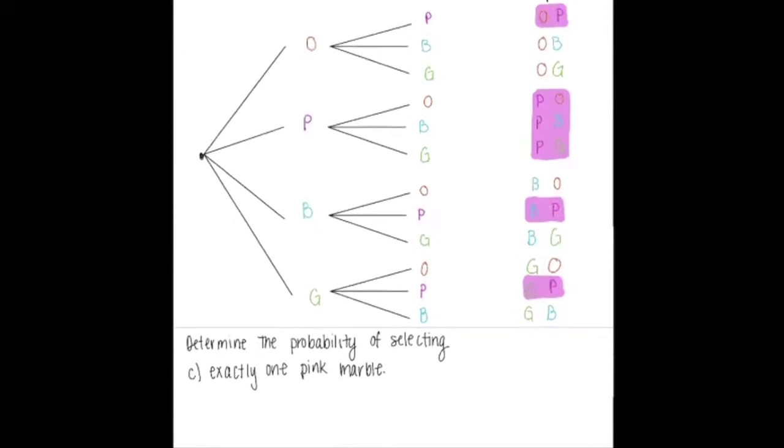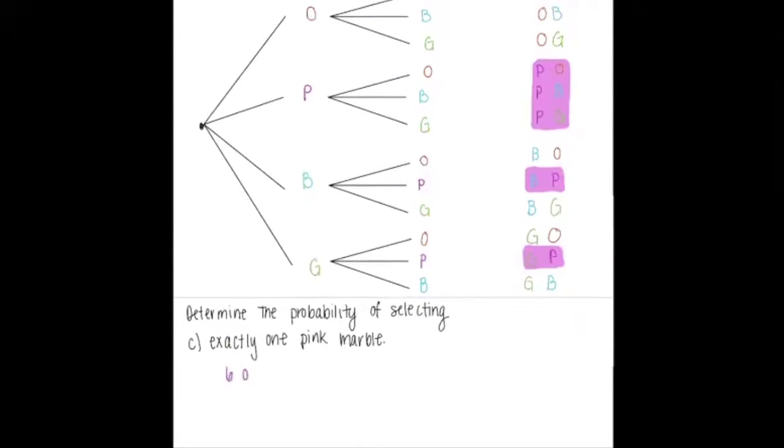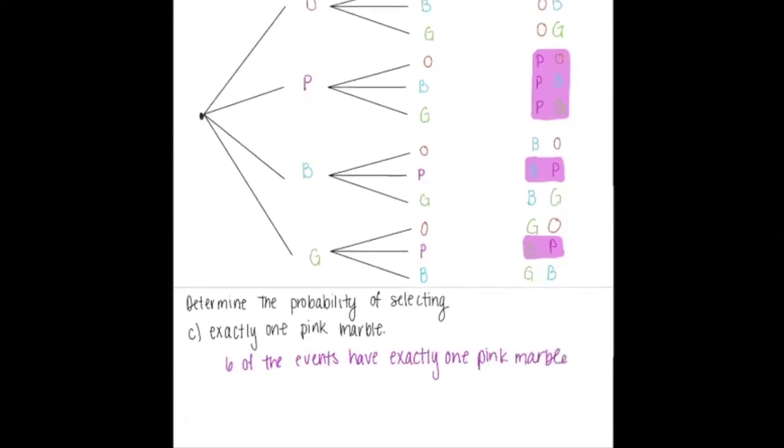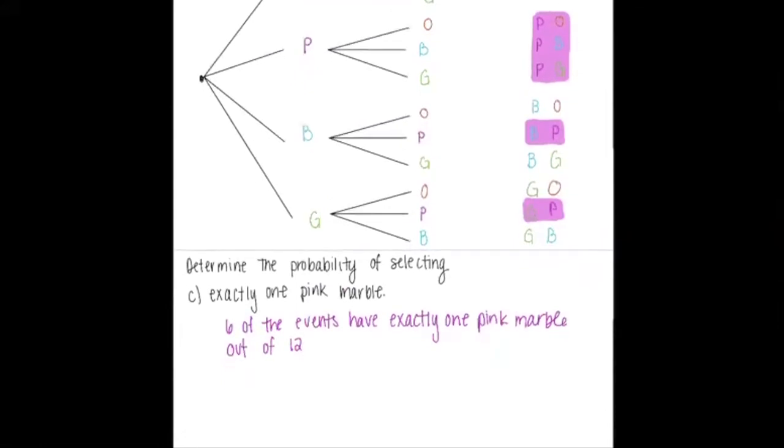So 6 of the events have exactly one pink marble, out of a total of 12 events. So our probability of exactly one pink would be what? 50%, perfect. You have a 6 out of 12, which is a 1/2 or 50% chance. Excellent.